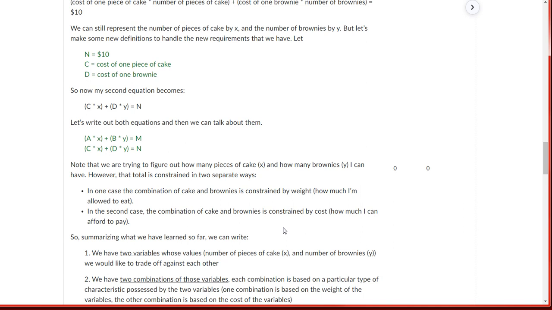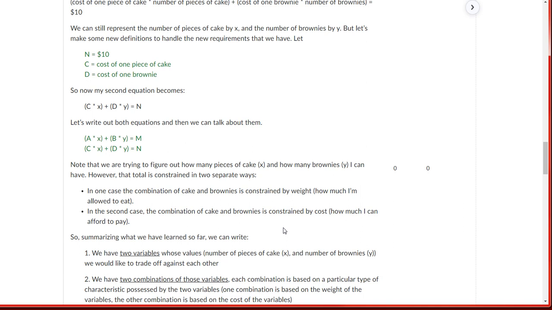All right, so let's get back to our problem. We are interested in the counts of the things, but our constraints are on the weight in one case and the cost in the other case. So how is the count connected to the weight and the cost?